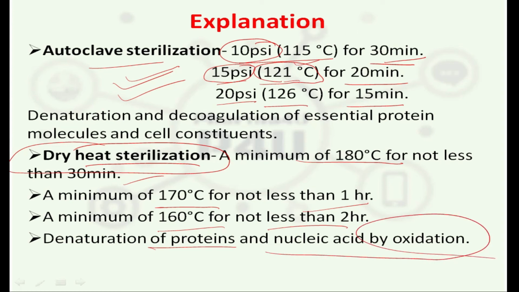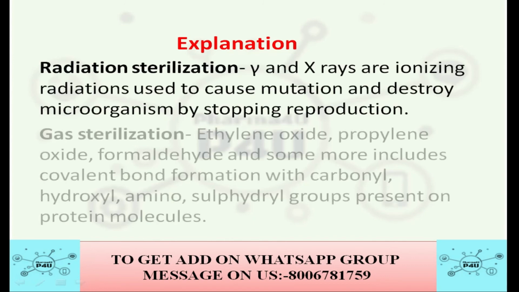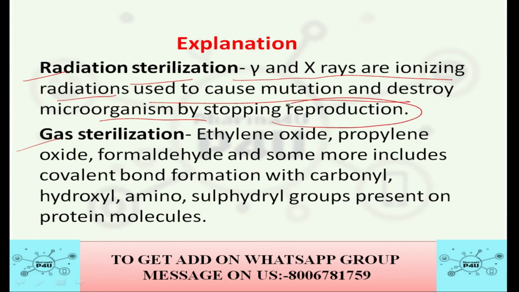So students, here we have more explanation on this: one technique is radiation sterilization and one technique is gas sterilization. In radiation sterilization, we sterilize by radiations, that is, gamma and X-ray are ionizing radiations used to cause mutation and destroy microorganisms by stopping their reproduction.